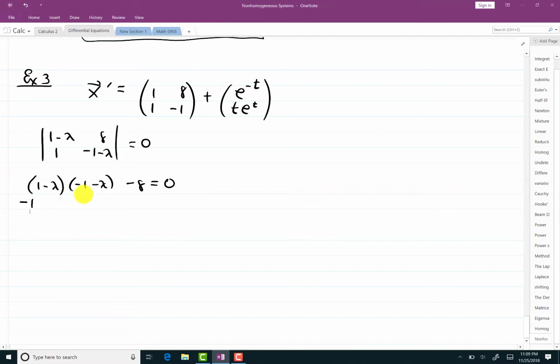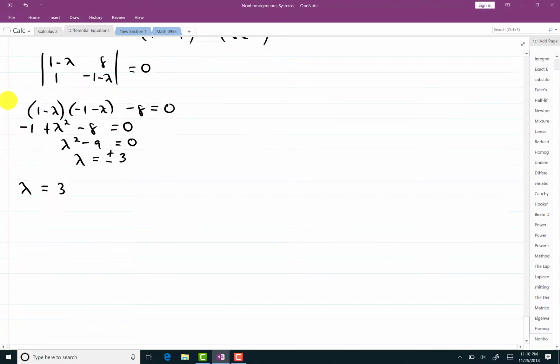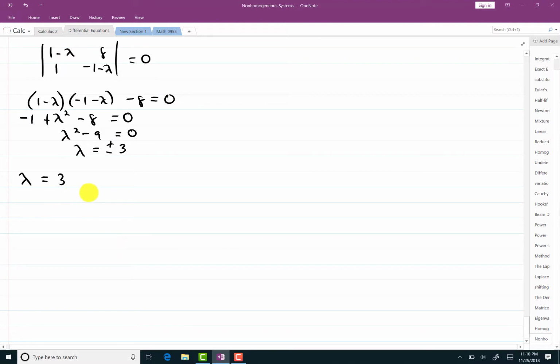So the lambdas go away, and I'll have plus lambda squared. And so I have lambda squared minus 9 equals 0, or lambda equals plus and minus 3. Let's go and get our eigenvectors. I'm going to have two eigenvectors here. Lambda equals 3. Let's go ahead and plug it into that matrix up there. We have 1 minus 3, 8, 1, -1 minus 3.